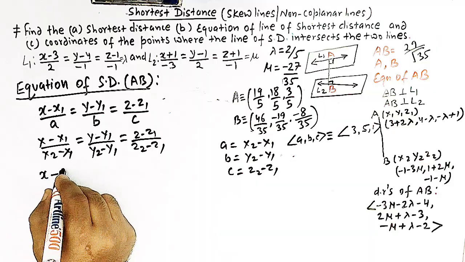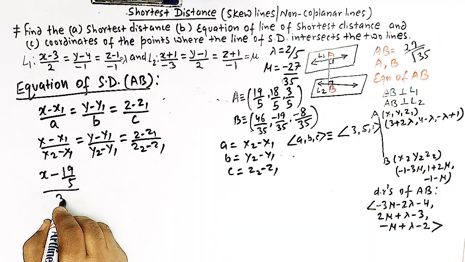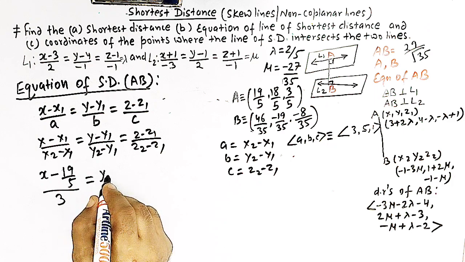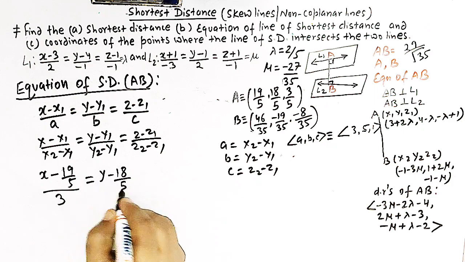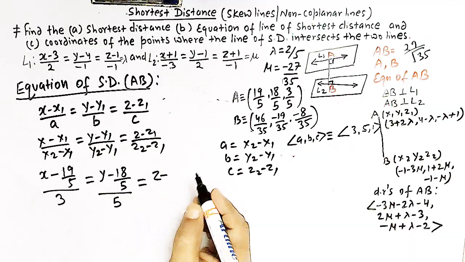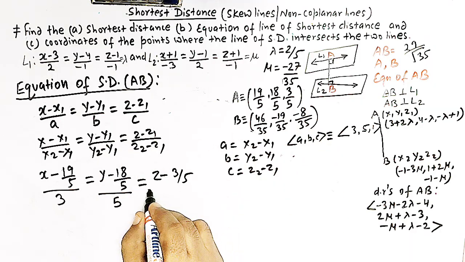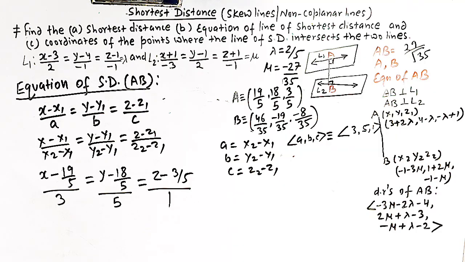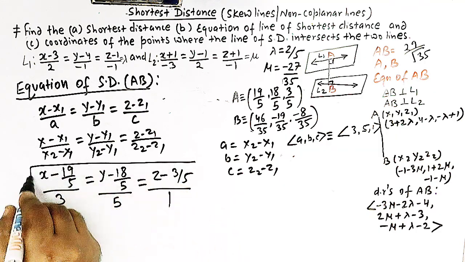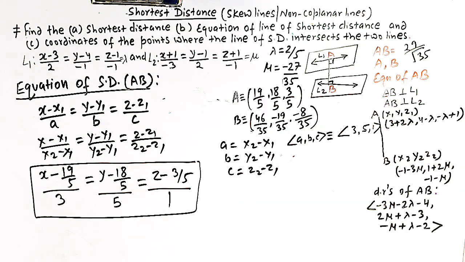So we have x minus 19 over 5 over 3, then we have y minus 18 over 5 over 5, and then z minus z1 is 3 over 5 over 1, right? So this is the equation of the line of shortest distance.